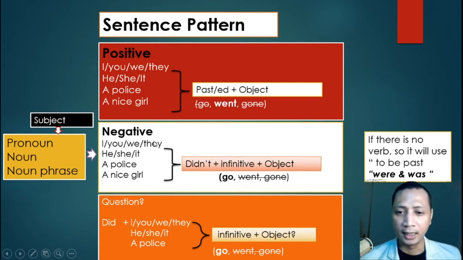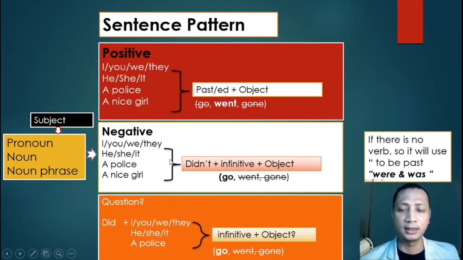And the negative pattern is subject followed by did not, or in short didn't, and infinitive and plus object. Remember, in negative and question we use the infinitive, no past anymore. So remember, we use verb 2 or ed only in positive sentences, not negative, not questions.